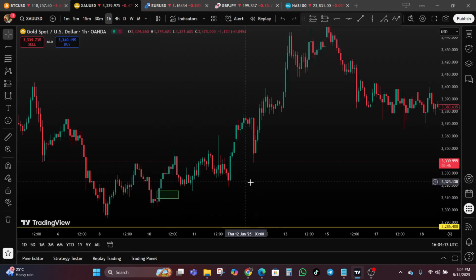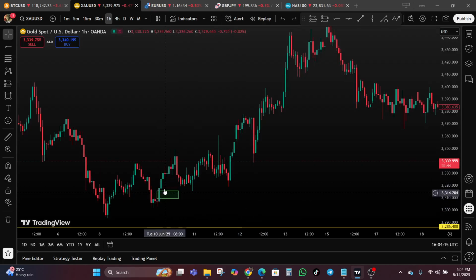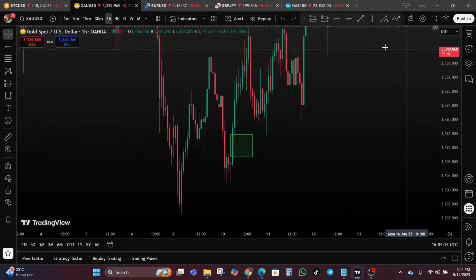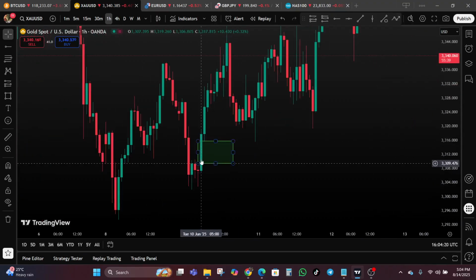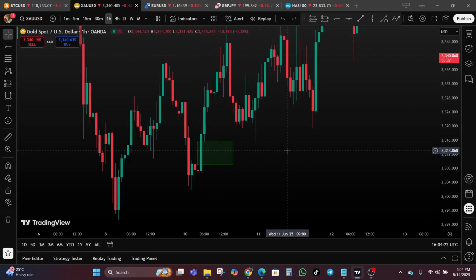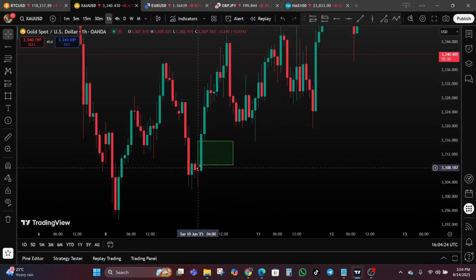If you look at three consecutive candles, and you find that between the high of the first candle and the low of the third candle, there is a space in the second candle like this, without the first candle and the third candle intersecting, then you have a fair value gap.